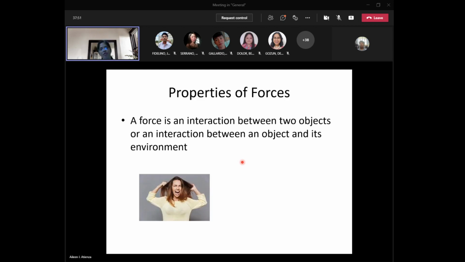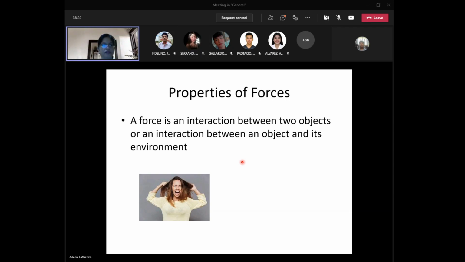So for example, in this photo, a lady is pulling her hair. Is this a force that is being applied? Do we have force that is being applied in this case, class? Meron ba tayong force applied in this case? Meron po. Anong force iyon, Iha? Push or pull?